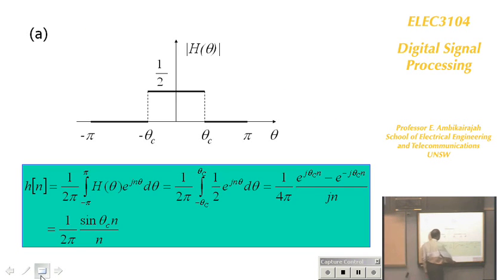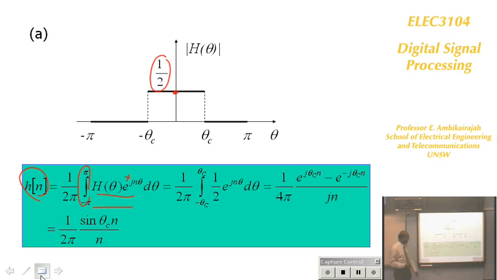So here is your equation, and here is the diagram. The amplitude is given as half, and this is theta c, minus theta c. Our inverse discrete-time Fourier transform tells you that h[n] is equal to 1 over 2 pi, integral from minus pi to plus pi of H(theta) e to the j n theta d theta. Don't forget this is plus here.